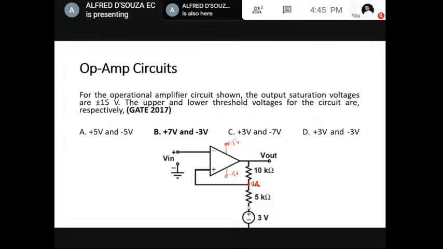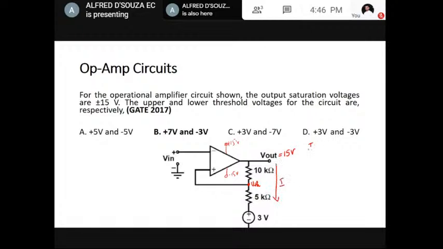Once the voltage will be at 15 volt, next time the voltage will be at minus 15 volt. So it is a simple voltage divider rule. Let us try to apply it. When V out is plus 15, how much is the current that is flowing?